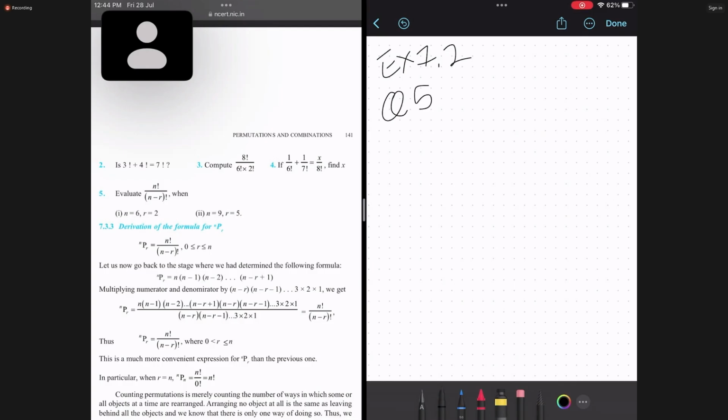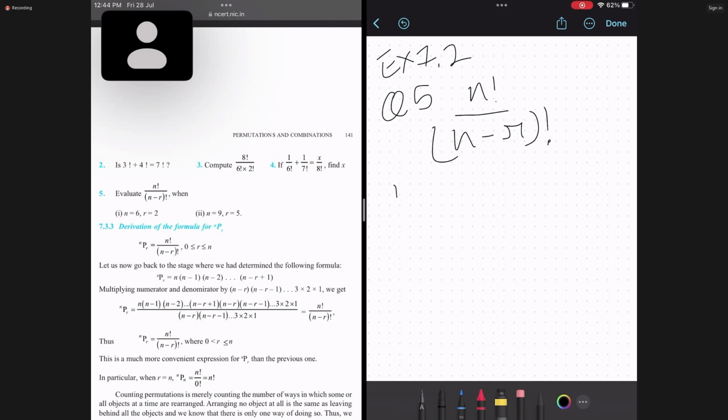We have question number 5. Question number 5 says that we need to evaluate n factorial upon n minus r factorial when, let me just write these things.